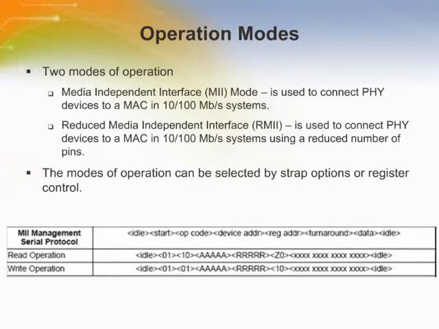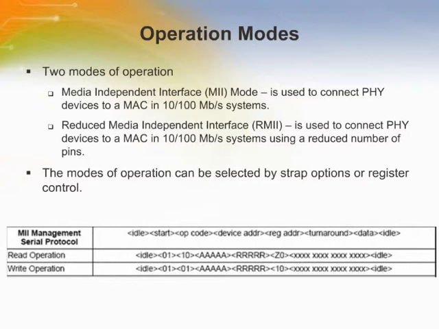The Mini PHYTER supports 2 modes of operation, MII mode and RMII mode, using the MII interface pins. The Media Independent Interface, MII, may be used to connect PHY devices to a MAC in 10/100 megabit per second systems. The Reduced Media Independent Interface, RMII, is used to connect PHY devices to a MAC in 10/100 megabit per second systems using a reduced number of pins.